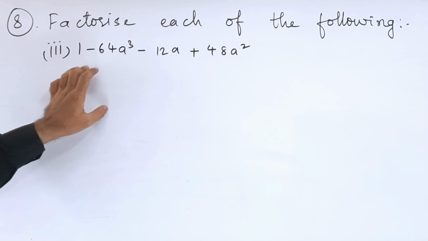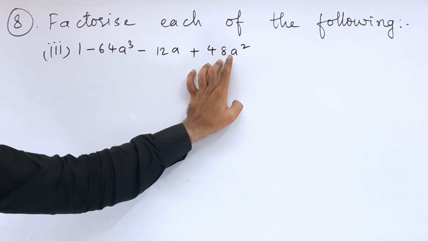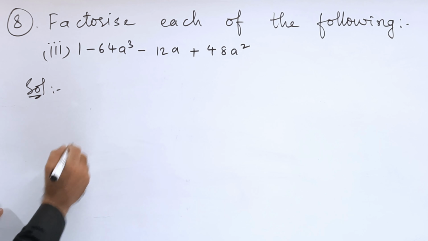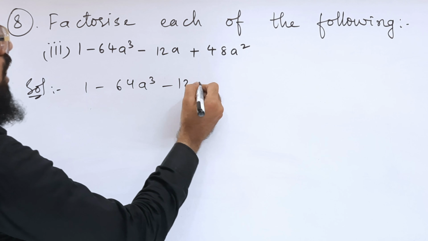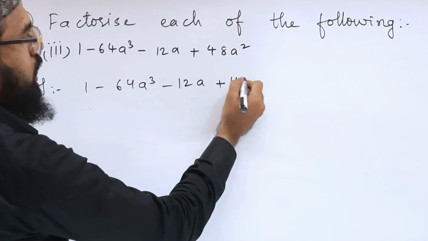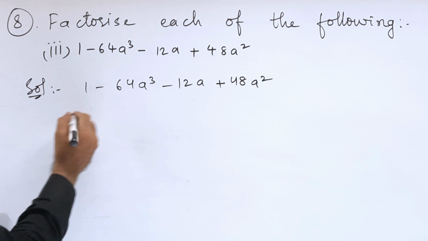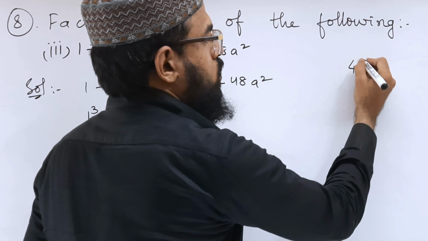Third bit, 1 minus 64a cube minus 12a plus 48a square. So let us start the solution. 1 minus 64a cube minus 12a plus 48a square. This 1 can be written as 1 cube minus 64. 64 is the cube of 4.